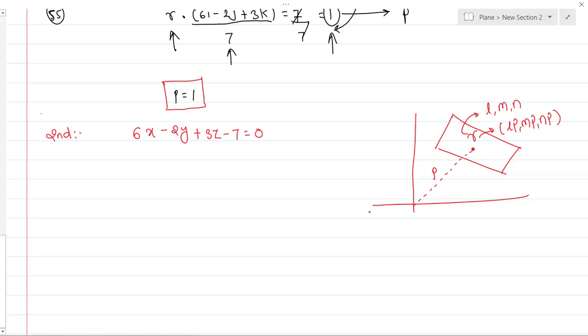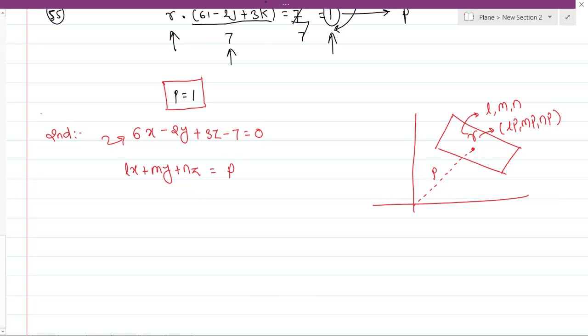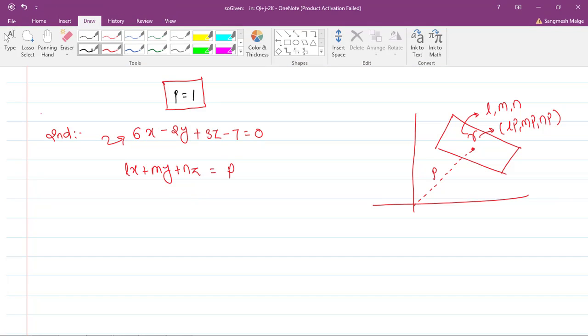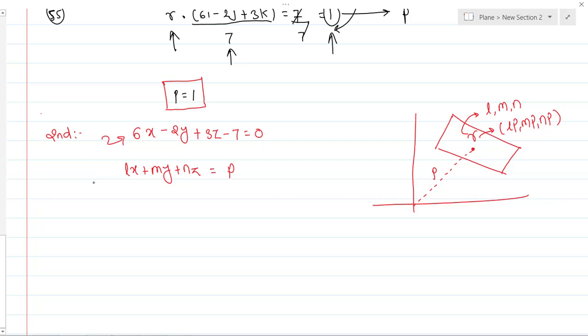So what you require to get the distance from the origin is, we should first write down this equation in the normal form, which is lx plus my plus nz equals p. This is the second form of the normal equation, which I have already derived in our previous classes, where l, m, n are the direction cosines of the normal, and p is the distance from the origin.